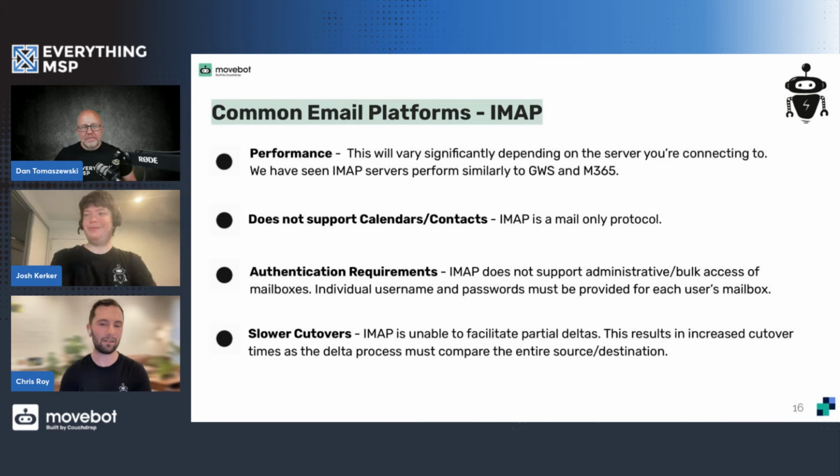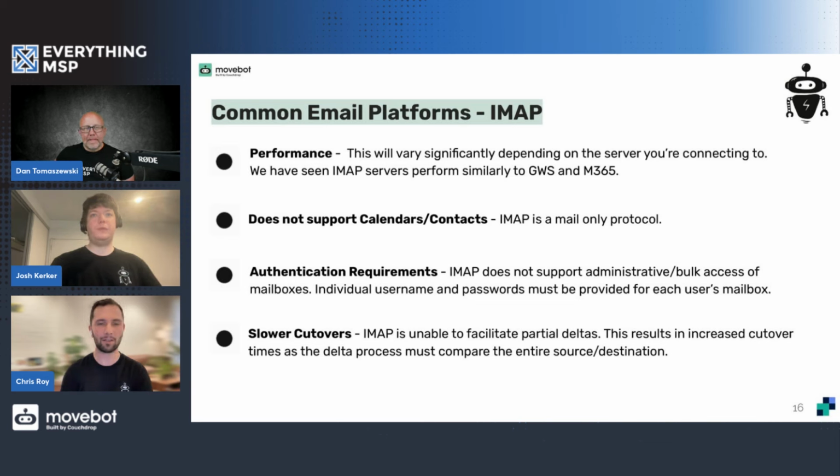When the protocol doesn't support any kind of administrative or bulk access of mailboxes, you have to retrieve the individual usernames and password for each user's mailbox. This can be incredibly cumbersome, and of course these need to be provided to your migration tool as well.